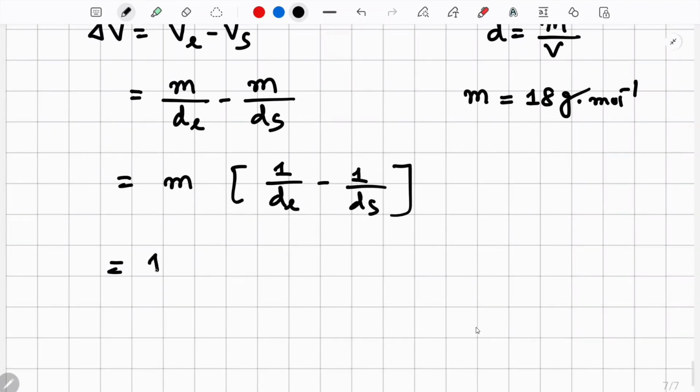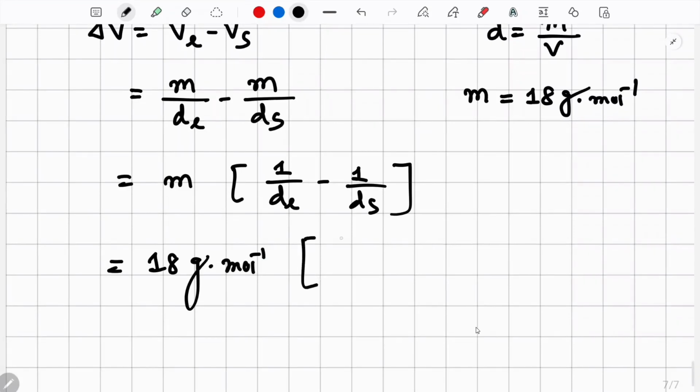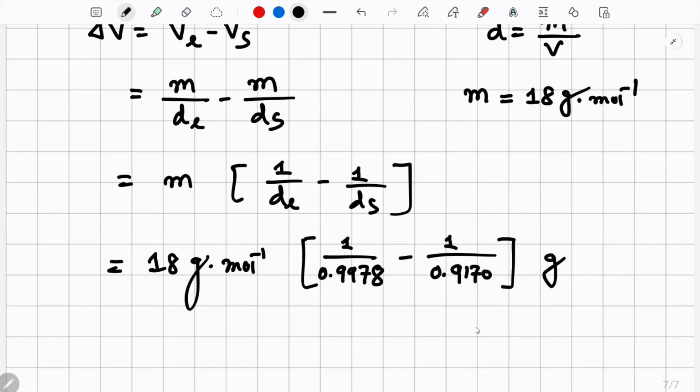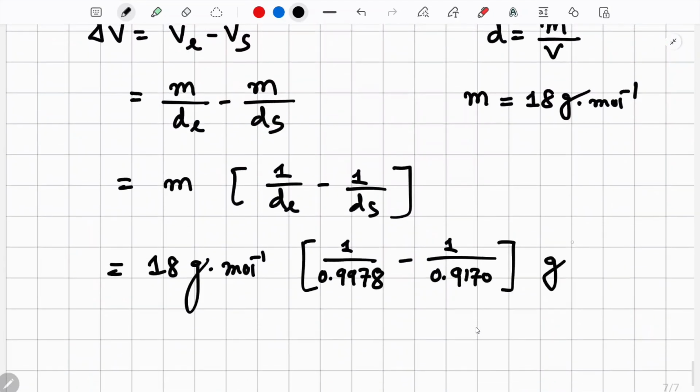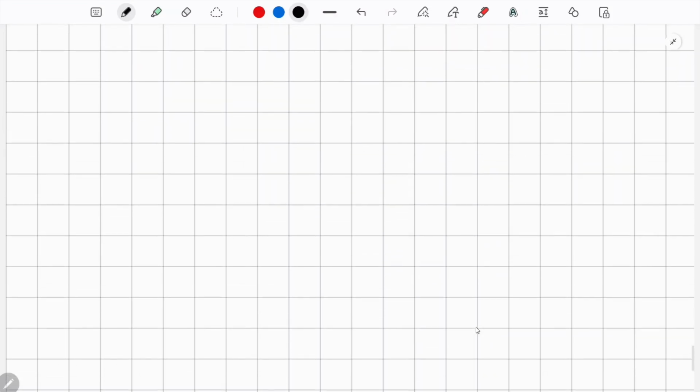So it will be 18 gram per mole, and just calculate it, 1 by 0.9978 minus 1 by 0.9170. The unit here is gram per cc, so it will be cc per gram, because it is 1 bar. Cc is centimeter cube. Just do it.